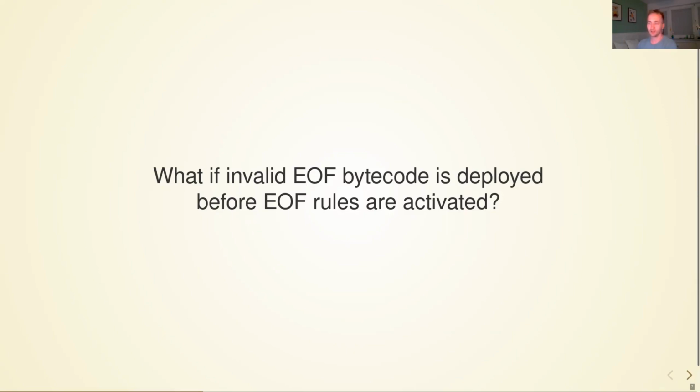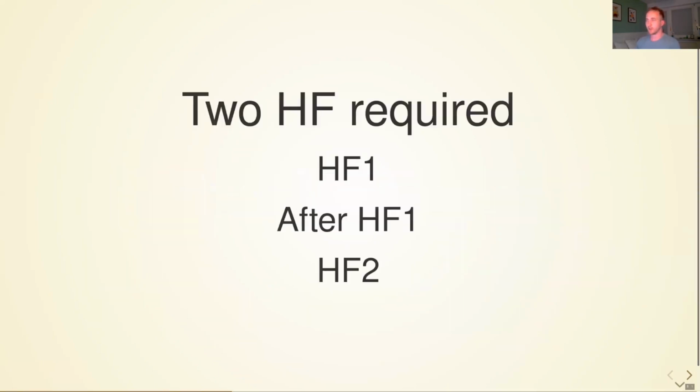We want to make sure that there doesn't exist any bytecode that has some kind of valid EOF prefix right now. So that's why the whole EOF deployment will be done in two hard forks, so like two EIPs.